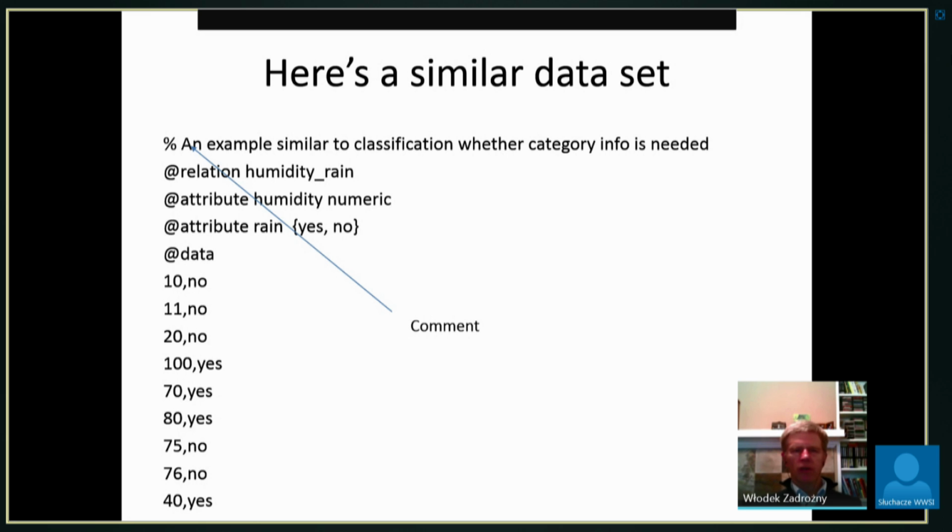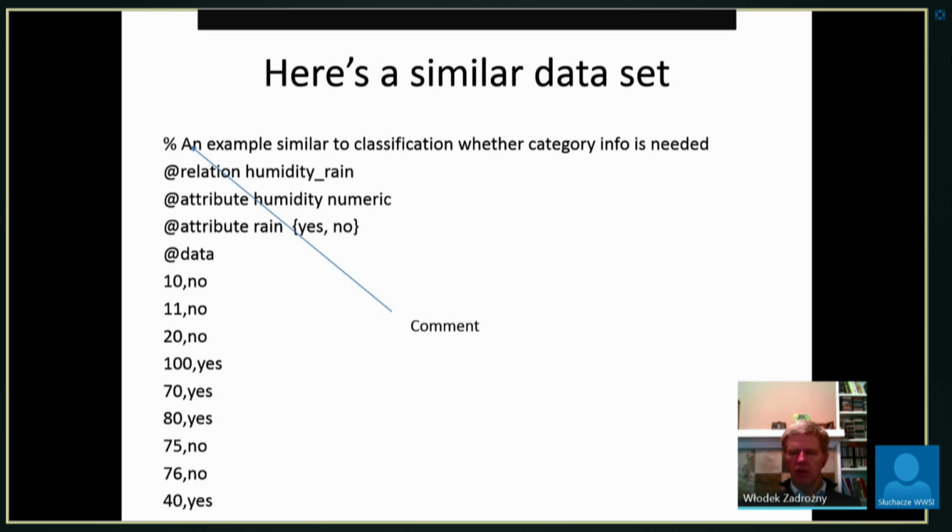This is a comment. We can put comments in our data set for WEKA. Sometimes it's useful to do it in some encodings. The @ sign is not recognized properly by WEKA, so it's best to include the % sign and include a comment.